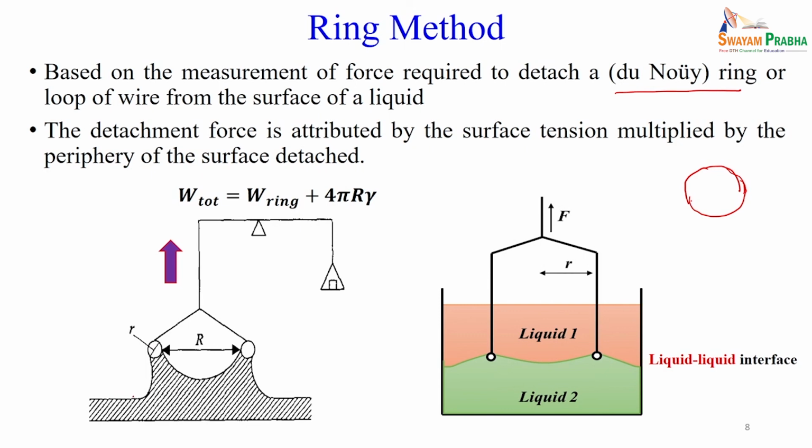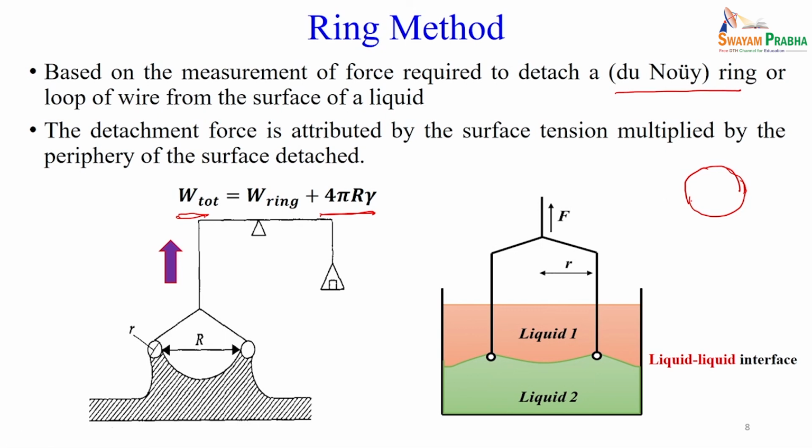There is a ring here, this is a surface. Once you bring the ring into contact with the upper layer of the liquid, then you are pulling it out. So, the total weight will be the weight of the ring plus the surface tension or interfacial tension of the particular liquid, so interfacial tension into 4 pi r, where 4 pi r is the perimeter of the ring.